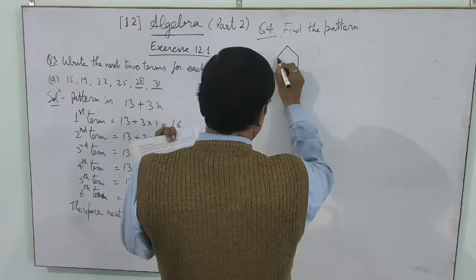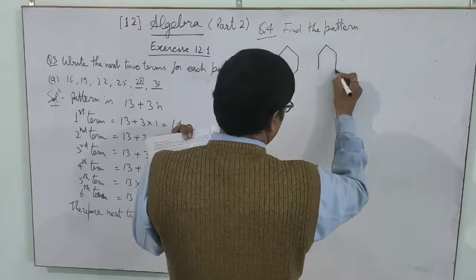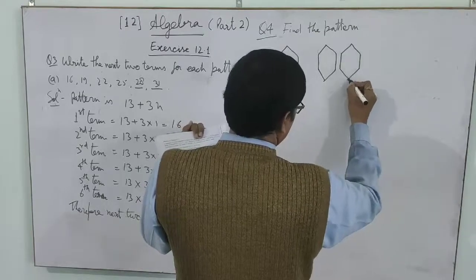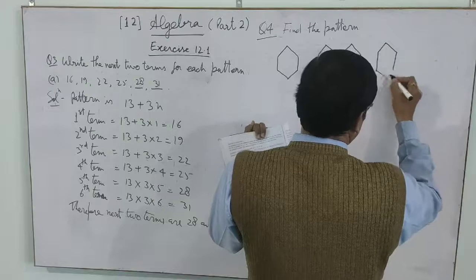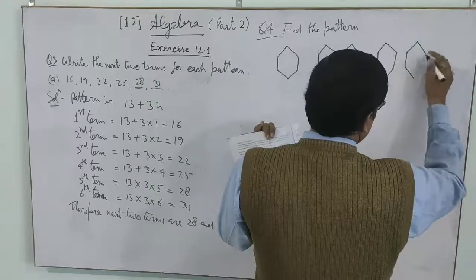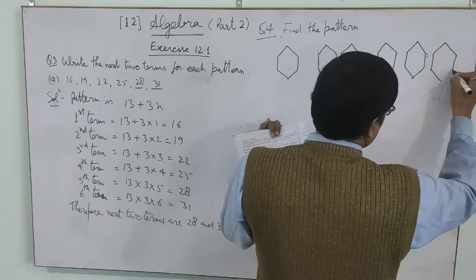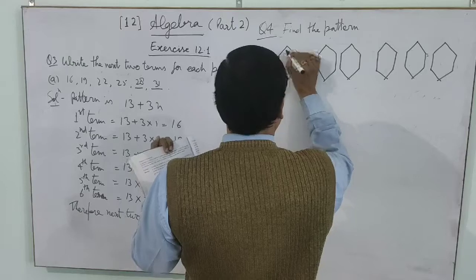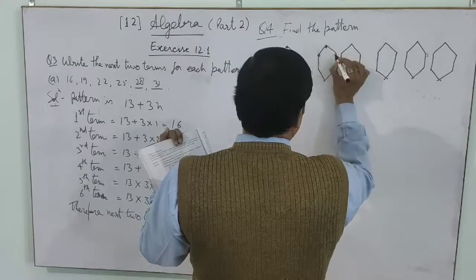Find the pattern between the hexagons formed and the number of matchsticks used in the diagram below. See, figures are given like this. In the first figure one hexagon is there, in the second figure 2 hexagons are given, then 3 hexagons are given. And these all are matchsticks.